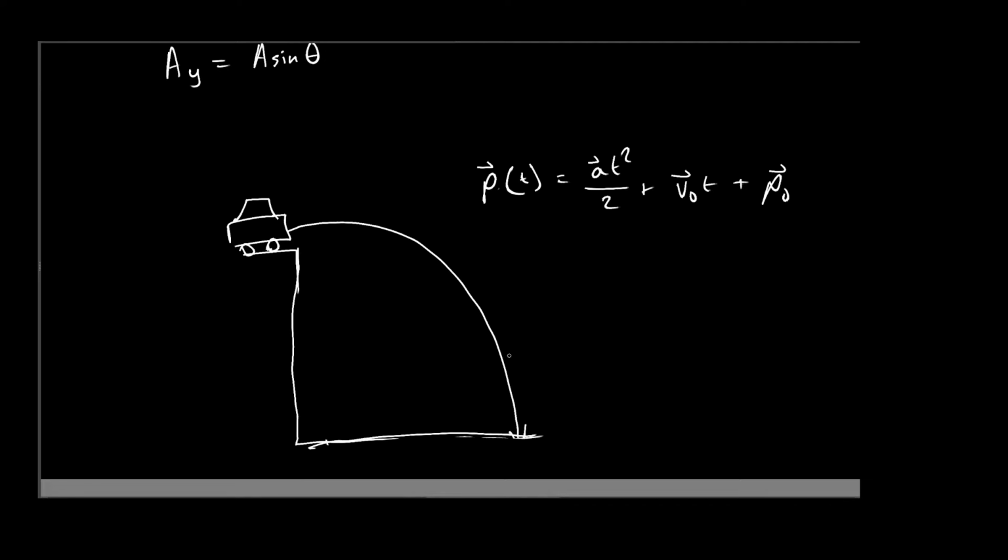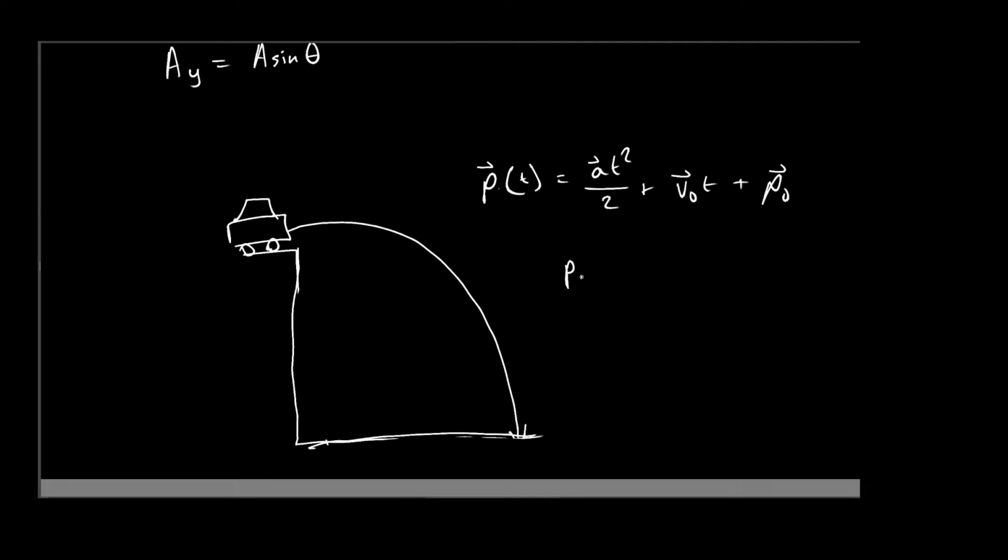So, the motion of this car as it falls off of this building can be described by this magical equation, right? But this magical equation is technically two equations because we're dealing with a vector that has two components.